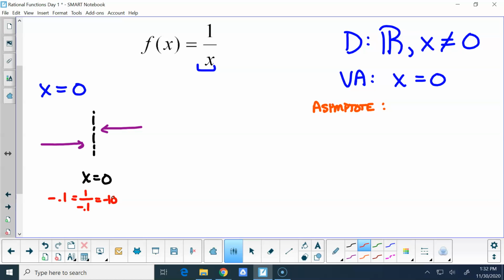Okay. But we can get even closer. Let's go with negative 100th. That's going to be 1 divided by negative 0.1. That's going to be negative 100. If I got closer, where would my function be going to?